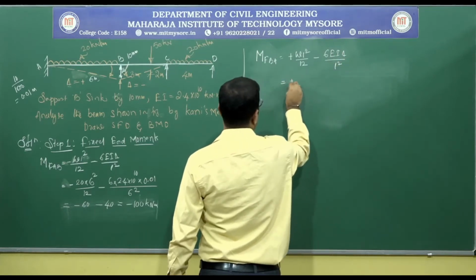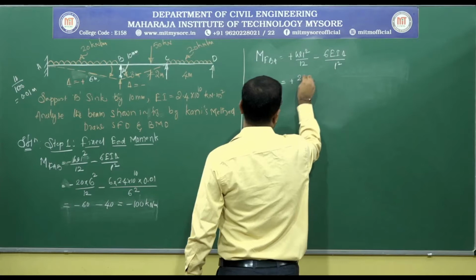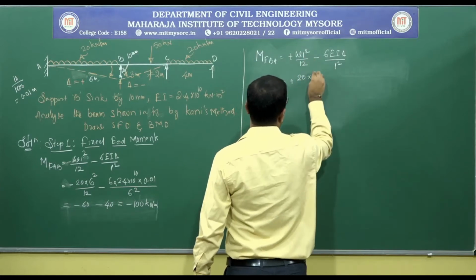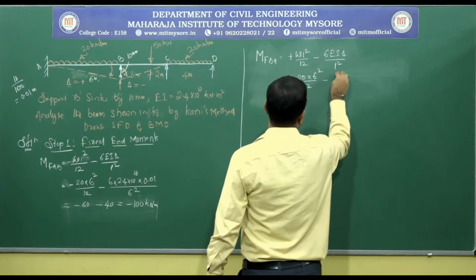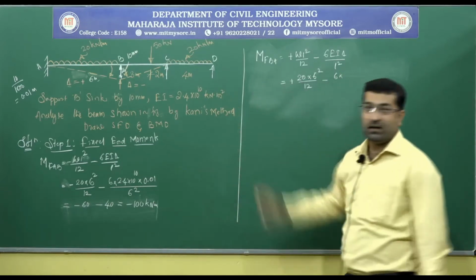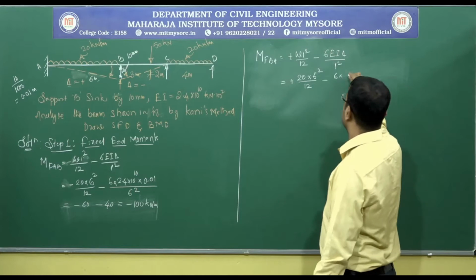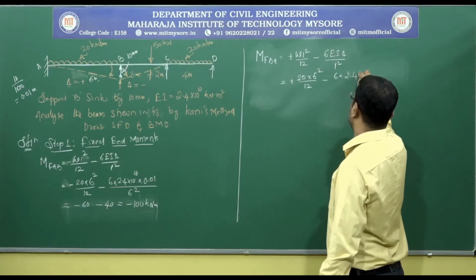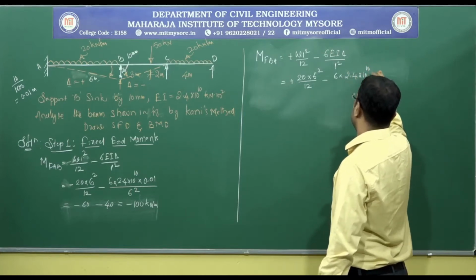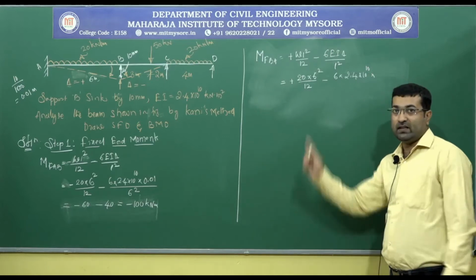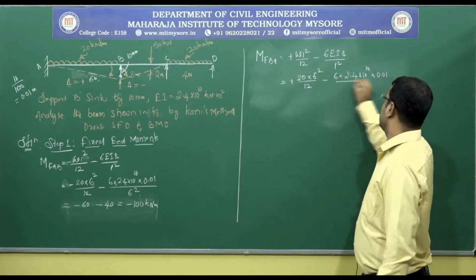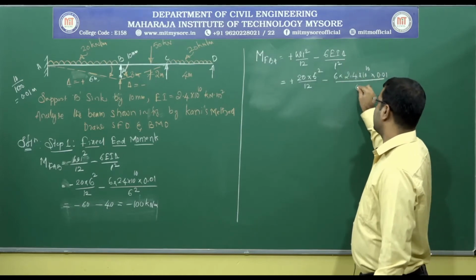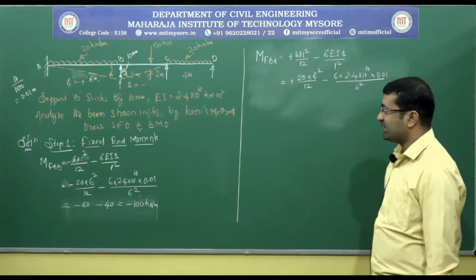So here it is plus 20 into 6 square by 12 minus 6 into 2.4 into 10 to the power 10 into the delta value, 0.01, divided by 6 square.